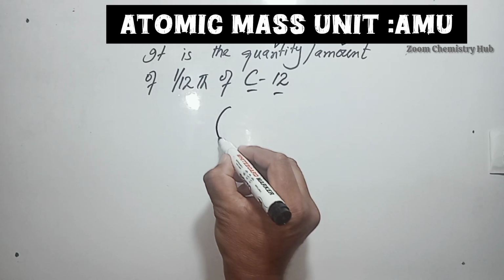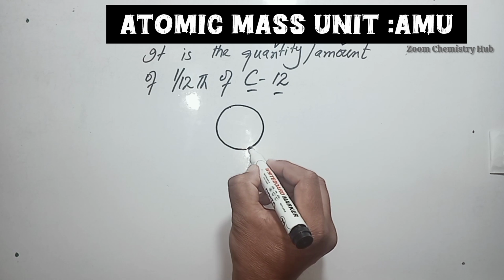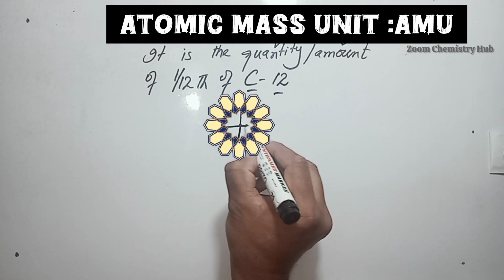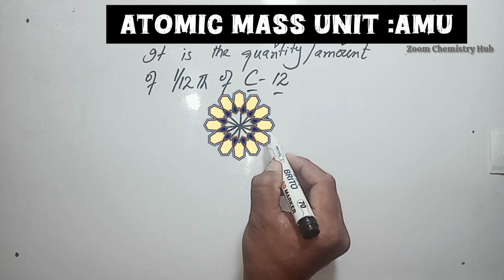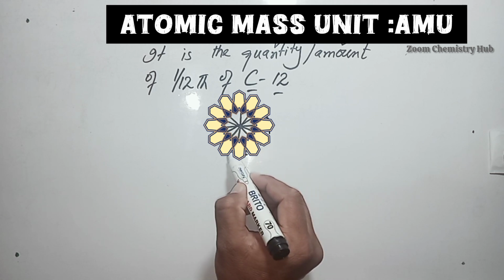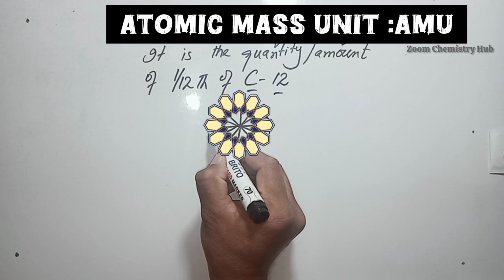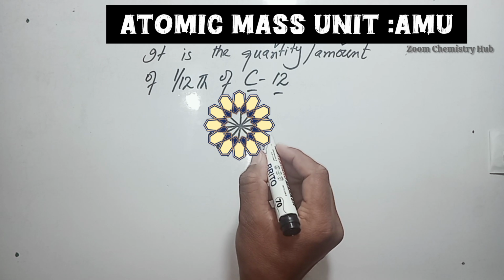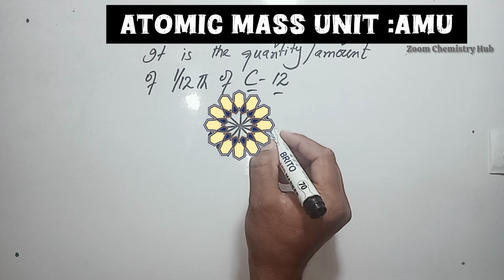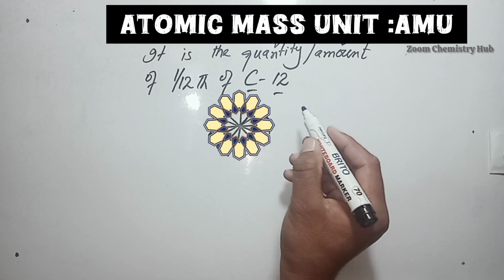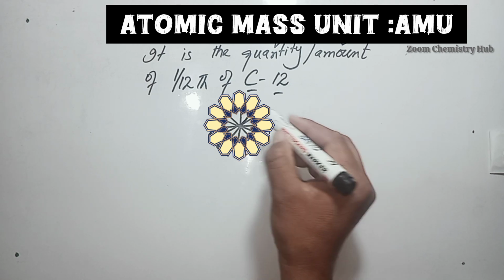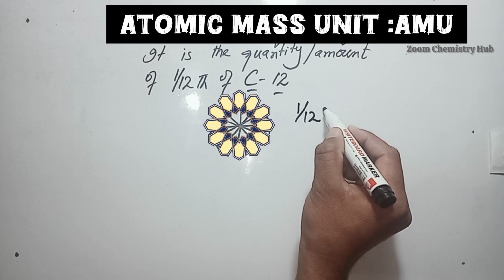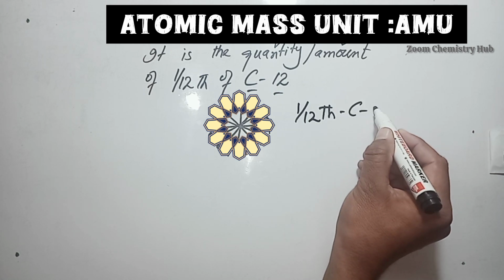Suppose we have a carbon atom and we divide this carbon atom into equal 12 parts. That is 1 2 3 4 5 6 7 8 9 10 11 and 12, and these 12 parts are equal to each other. If we take any part, this part is called 1/12 of carbon 12.